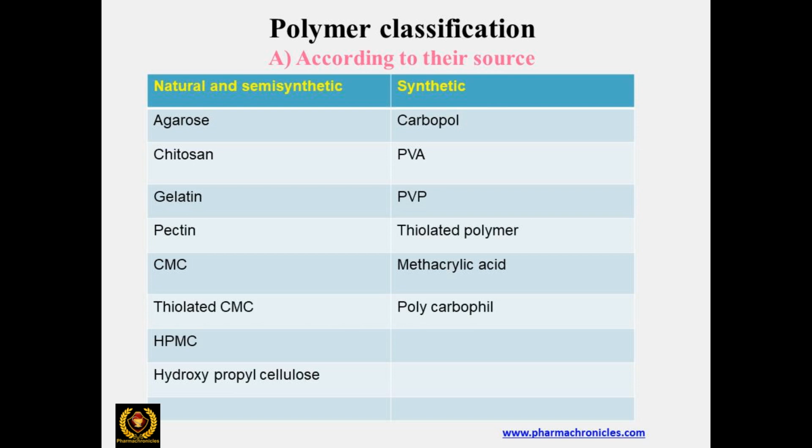Polymer classification. A. According to their source. Natural and semisynthetic: agarose, chitosan, gelatin, pectin, CMC, thiolated CMC, HPMC, hydroxypropyl cellulose.